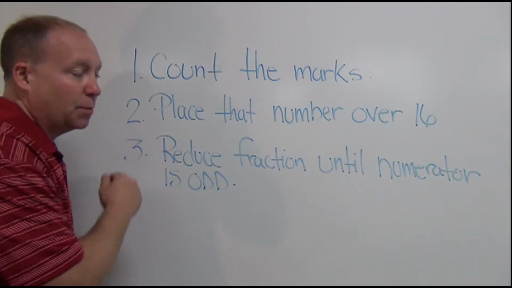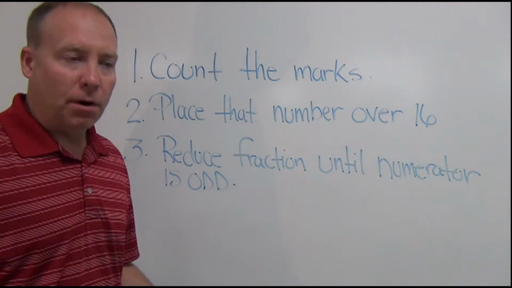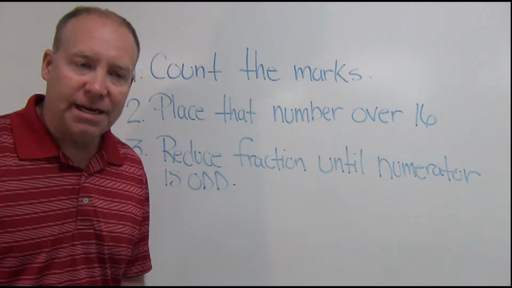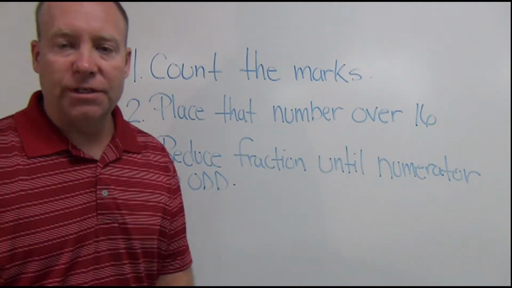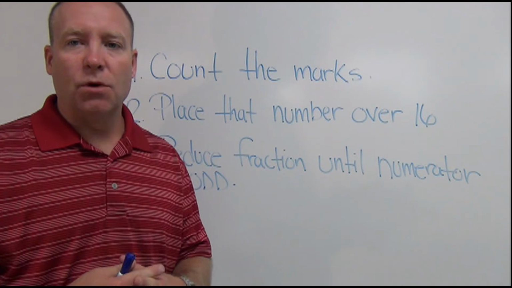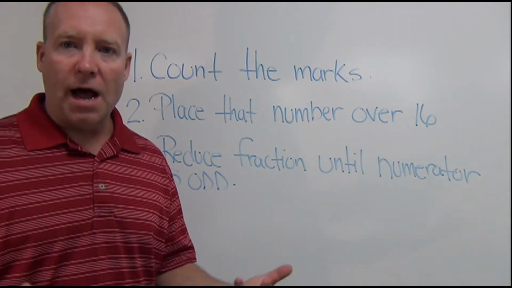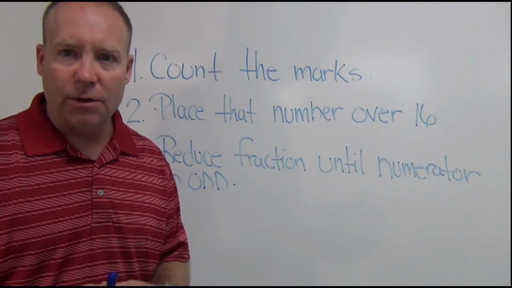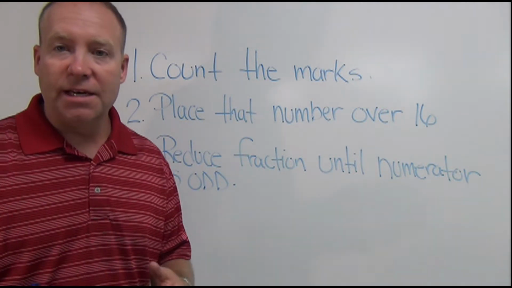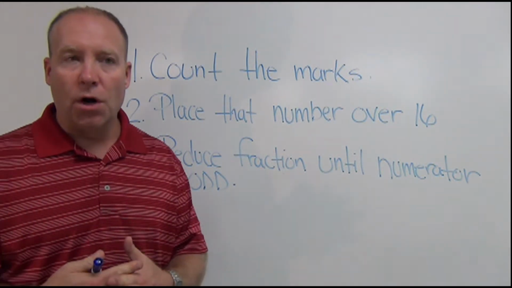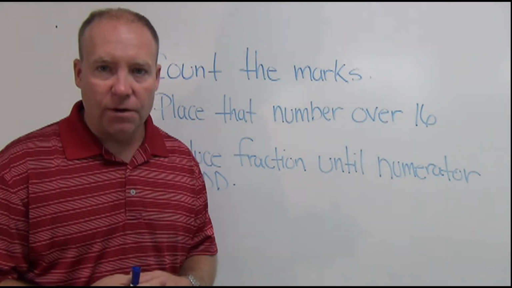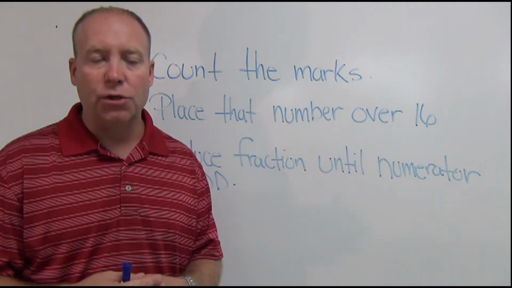Number 2, we're going to place that measurement or that number over 16. Why do you think we place it over 16? We place that number over 16 because our inch is broken down into 16 equal parts. 16 is our denominator.